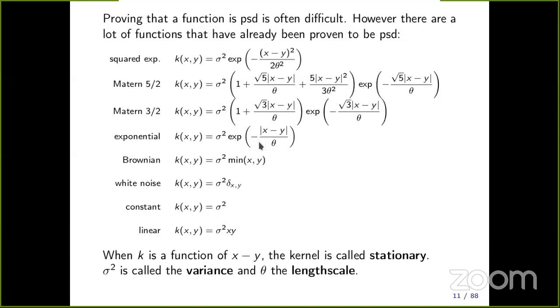Yes, so you can have a neural network as a mean function, and people have been using that. You cannot directly have a neural network as a covariance function, because you cannot guarantee, using a neural network, that the function you get after training is positive semi-definite.